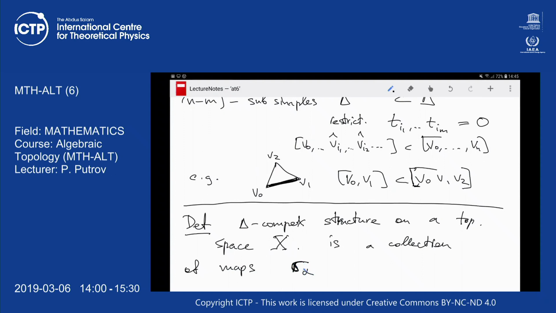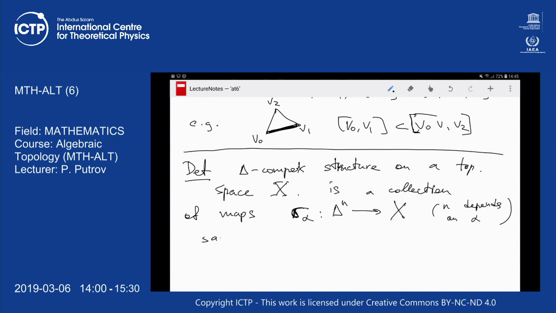So alpha runs over some finite set, let's say, for simplicity. And each sigma alpha in this collection is a map from some simplex delta n to X. So n depends on alpha. So n is not fixed. Satisfying the following properties.